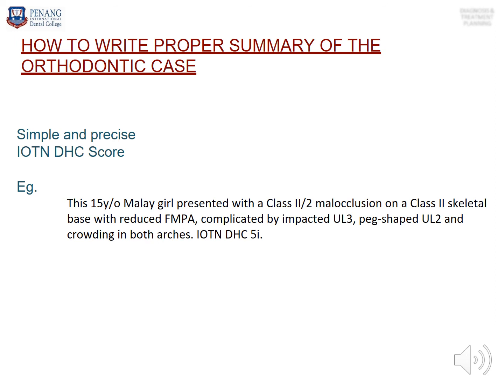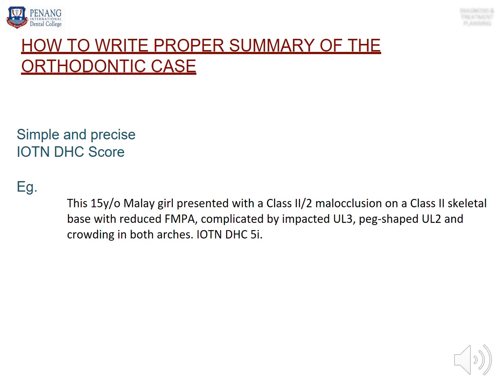Okay, so for example, in this summary, this is a 15 years old Malay girl presented with a class 2 division 2 malocclusion on a class 2 skeletal base with reduced FMPA, complicated by impacted upper left canine, peg-shaped upper left lateral incisors, and crowding in both arches.